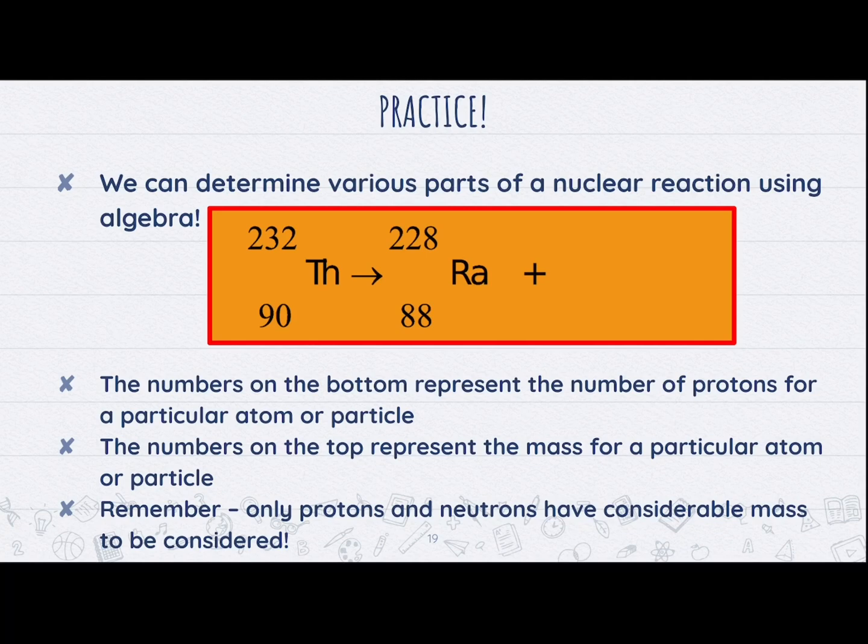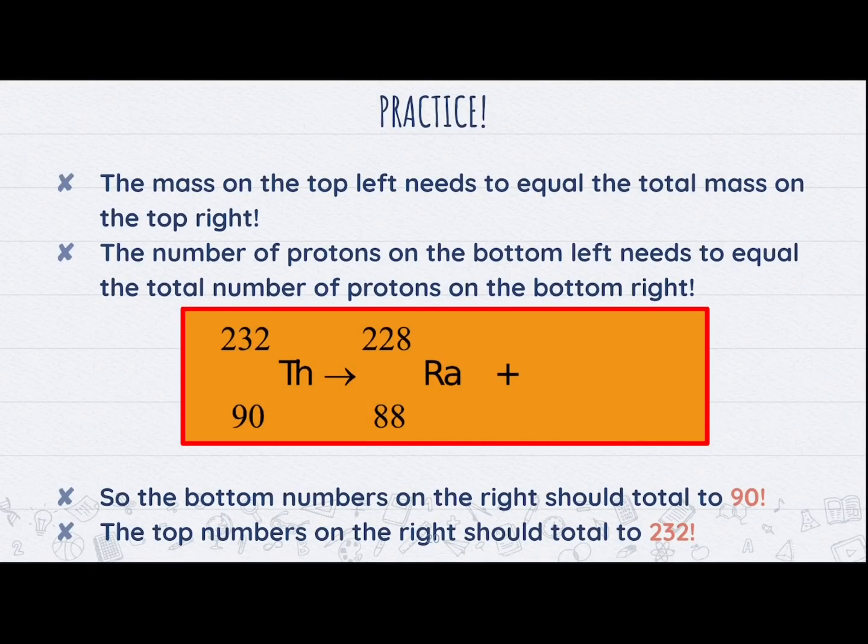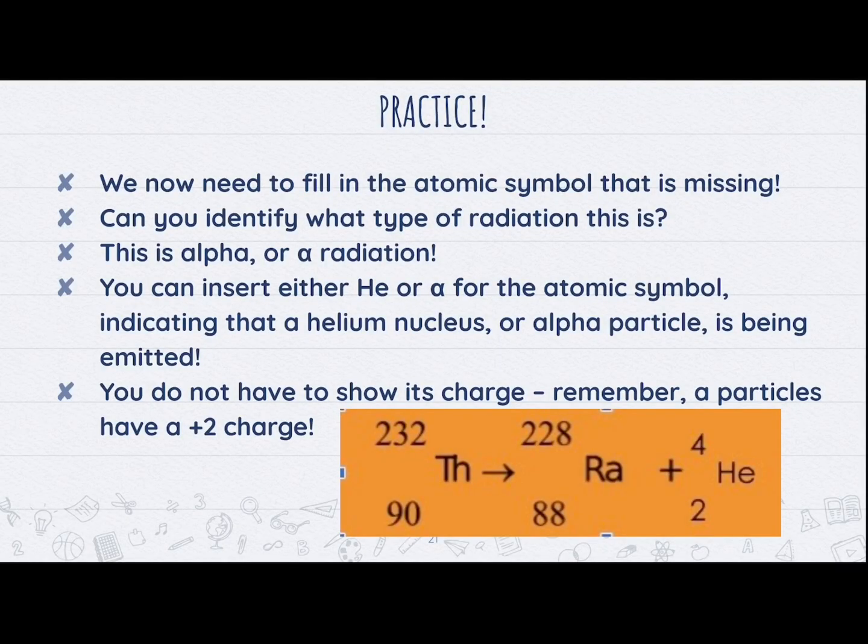You can do the same thing on the bottom. I'm trying to get them to equal on both sides of the arrow. So on the left I have 90, on the right I have 88. I need to add at least 2 to get to that 90. Okay, the bottom numbers on the right side should total to 90. The top numbers on the right side should total to 232.